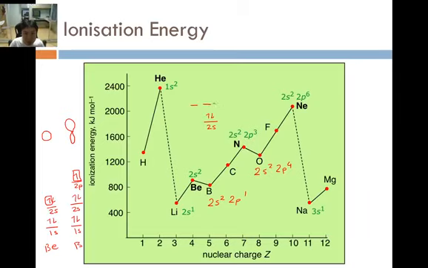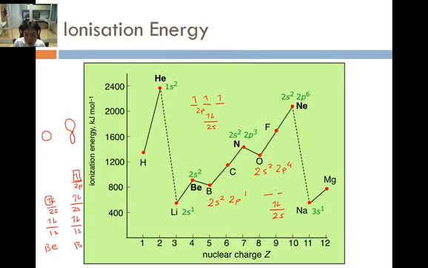Whereas for the 2p, remember Hund's rule: this is how we fill up the electrons in the 2p orbital, singly occupied first before placing them in the same orbital, because if you place two electrons in the same orbital, you will experience greater repulsion as the electrons are closer to each other on average. For oxygen, it will be this case, 2s with 2 electrons.